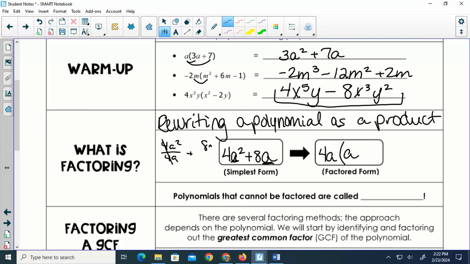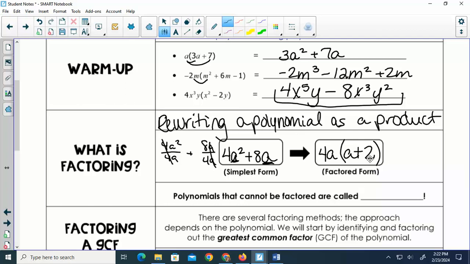Okay, if I had 8a divided by 4a, the a's cancel, and that's 2. If you multiply this back out, we get the 4a squared plus 8a. So you can always check it just by seeing, okay, if I distribute this again, do I get what I started with? So we are working in reverse like that.